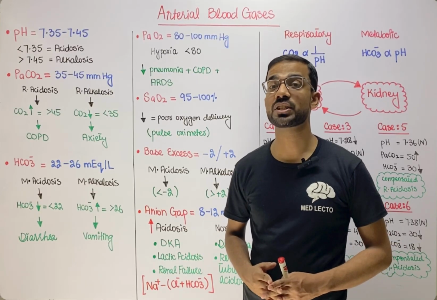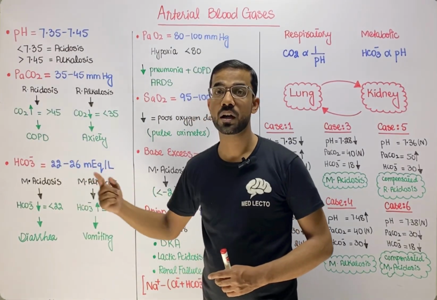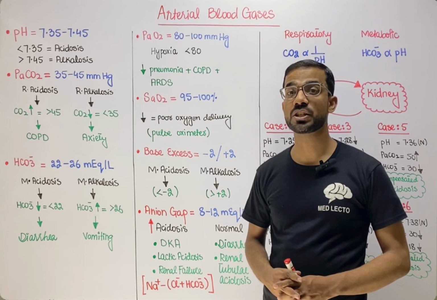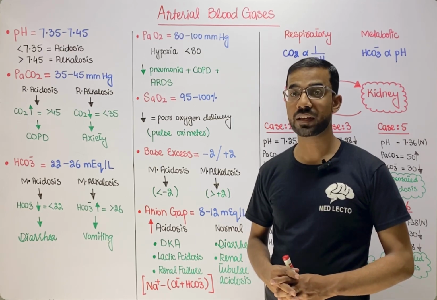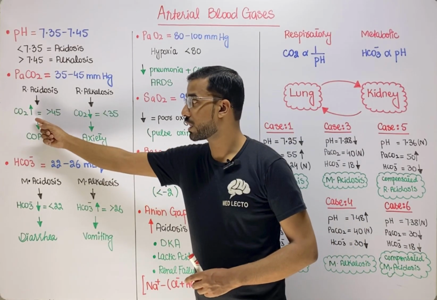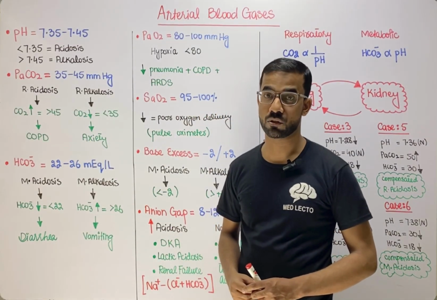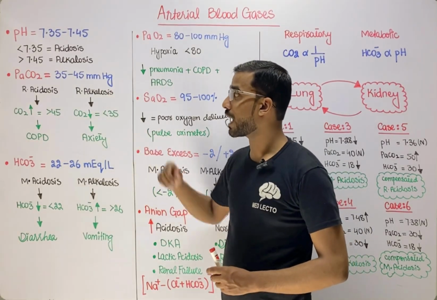In which condition does it occur? It will be seen in COPD, chronic obstructive pulmonary disease. Why? Because in that condition, the lungs are not working properly. So the concentration of the carbon dioxide starts increasing and it goes towards respiratory acidosis. The second case is respiratory alkalosis.